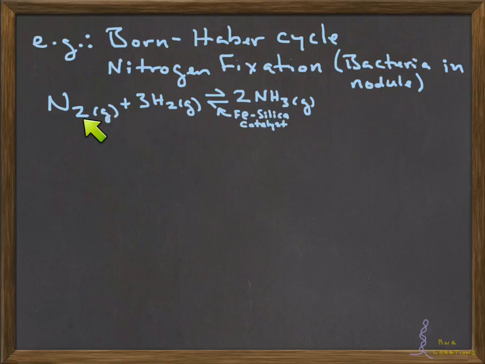The process of taking nitrogen out of the atmosphere and converting it into ammonia is referred to as nitrogen fixation. And plants have nodules in their roots, and they associate with symbiotic nitrogen-fixing bacteria in order to carry this process out.